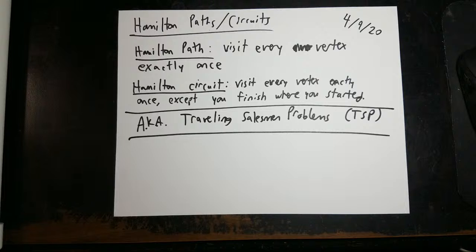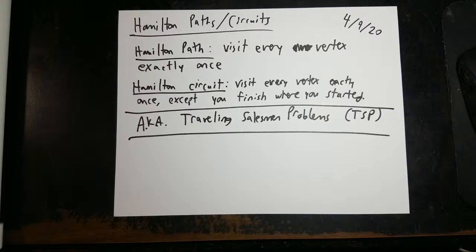The general idea is that you have to hit all of these different locations, but you have to do it in the optimal way possible, whether it be by spending the least amount of money, or traveling the least amount of miles, or taking the least amount of time in order to get from point A to point B to point C to point D, or whatever. To start at one location, to hit all of your destinations, and then to end up back where you started. That is the general idea behind Hamilton paths and circuits.